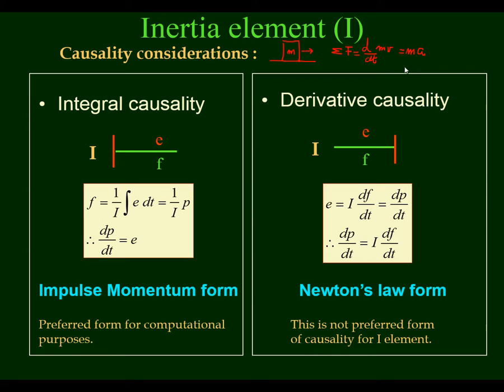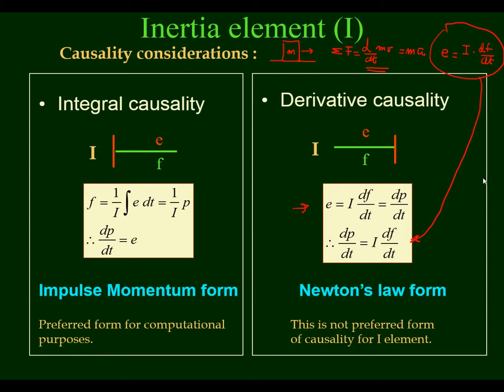This is obviously written in derivative form, you see? This equation corresponds to this form because you can see F is E and this is M, we're going to call it I, times df/dt. See? This form that you're seeing here is exactly what you're seeing here.